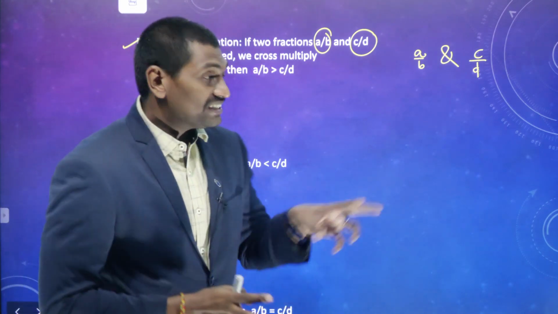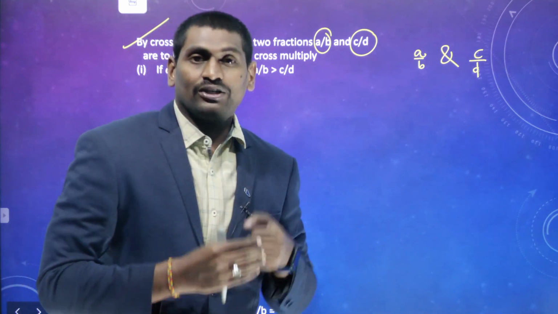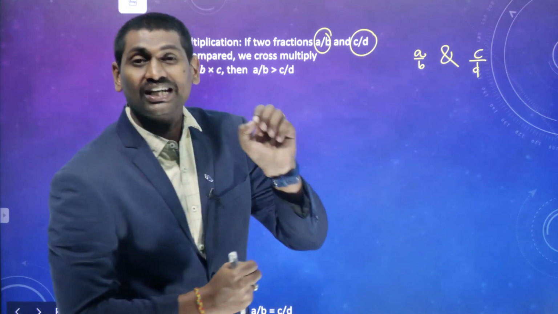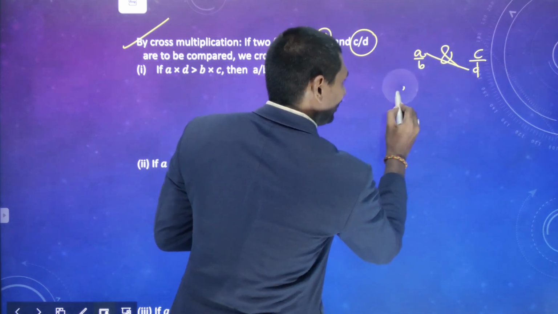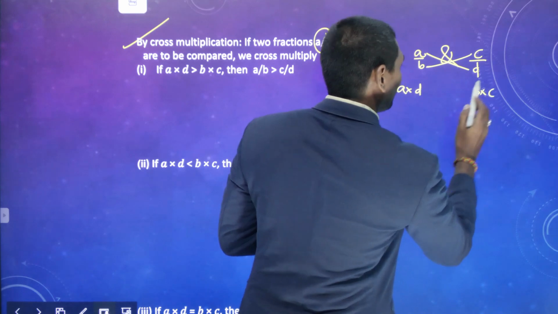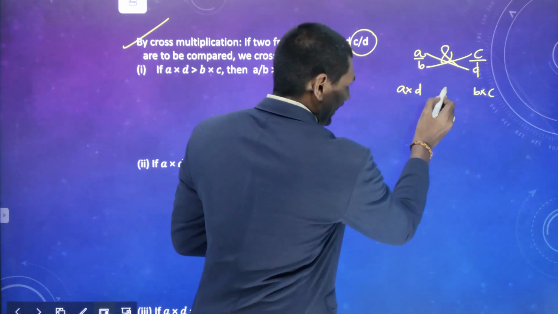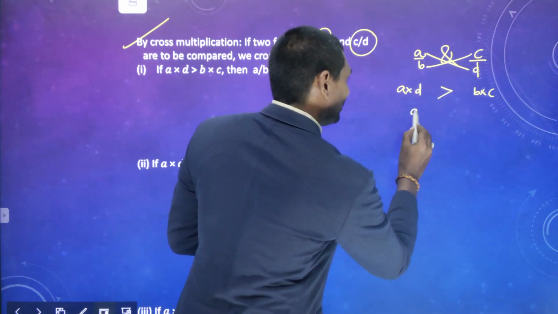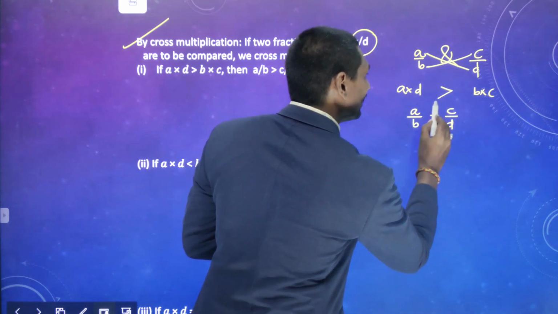To compare them, we use cross multiplication: a into d and c into b. If the product of a and d is greater than b and c, then we say that a by b is greater than c by d.